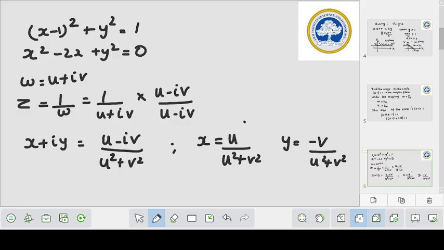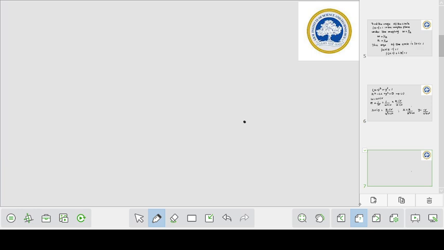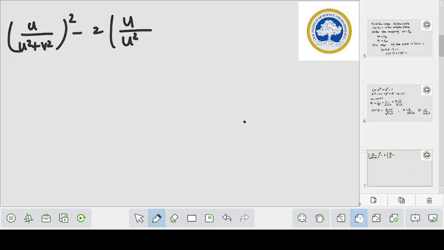Now substitute this in equation 1. What is equation 1? You can take this as equation 1. Substituting the values of x and y in 1: u by u squared plus v squared, the whole squared, minus 2 into u by u squared plus v squared, plus minus v by u squared plus v squared, the whole squared, equal to 0.